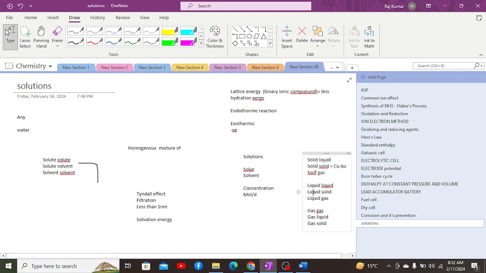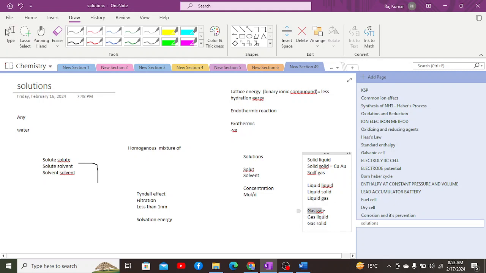Such as butter, cheese, amalgam, in which solid is the solvent and liquid is the solute. After that, when it comes to liquid-gas, gas would be considered the solvent and liquid the solute. An example of this is water vapors in air. Water vapors in air is a liquid-gas solution.